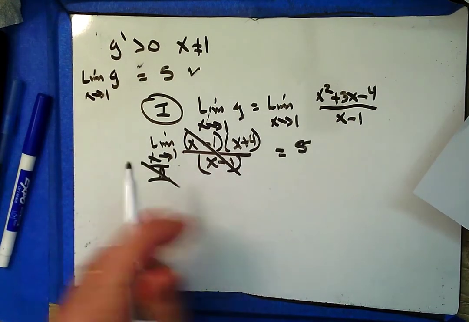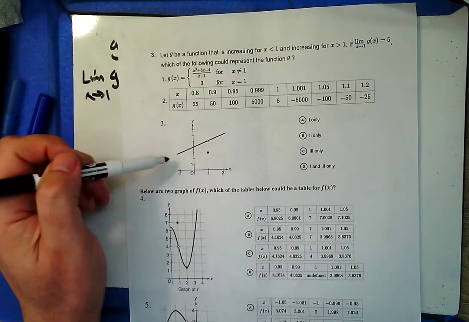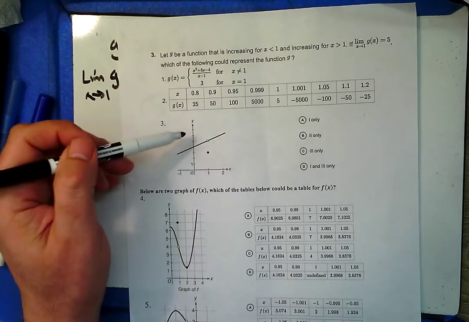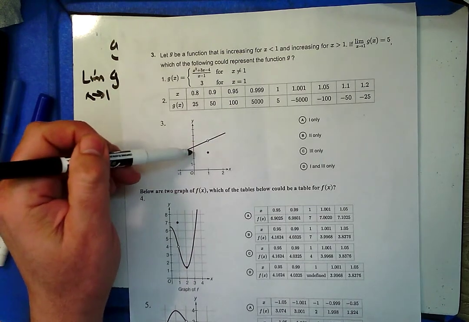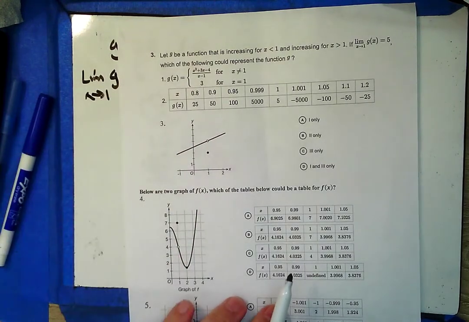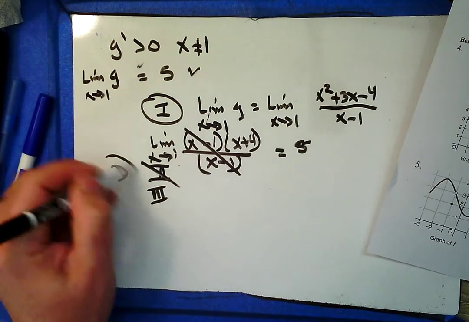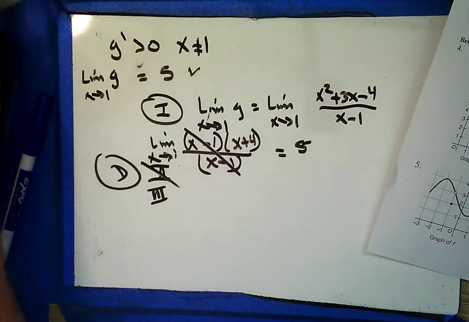What about 3? Okay, so I'm everywhere increasing except at that point, and the value of that limit is 1, 2, 3, 4, 5. I like that one. So I like 1 and 3 here, and that means choice D for problem number 3.